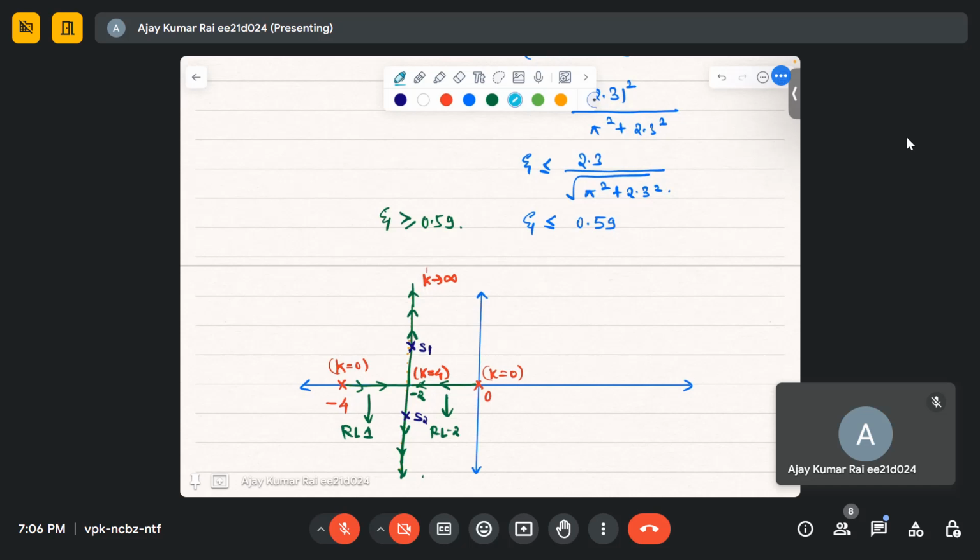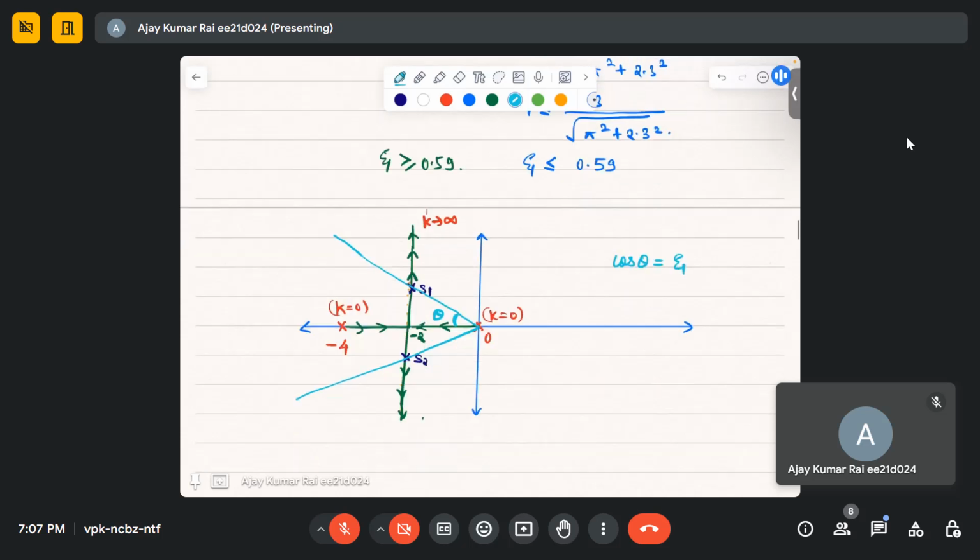Like this. And this is theta. And how did we used to relate this theta? Cos theta is equal to zeta, right?